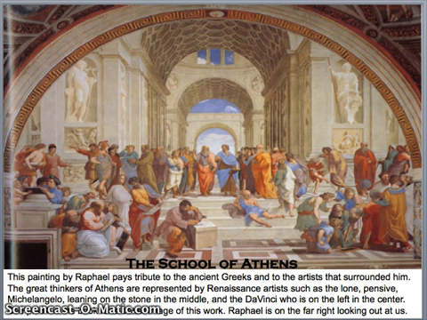The great thinkers of Athens are represented by Renaissance artists, such as that lone, pensive Michelangelo leaning on stone in the front, and Da Vinci, who is in the middle left center, walking with someone else. There is a picture of this in your textbook if you want to get a better view of it. Now, Raphael is the only one looking at the viewer, and he's right there. He's looking out.